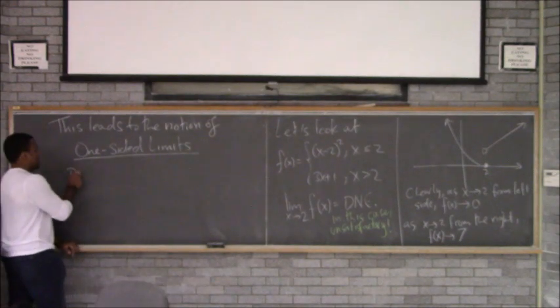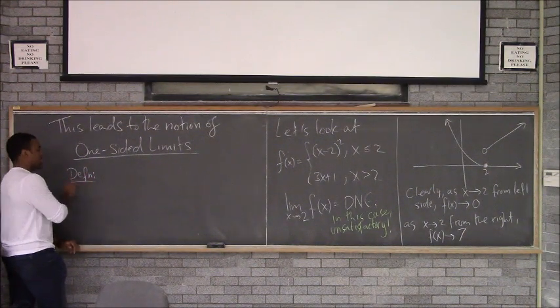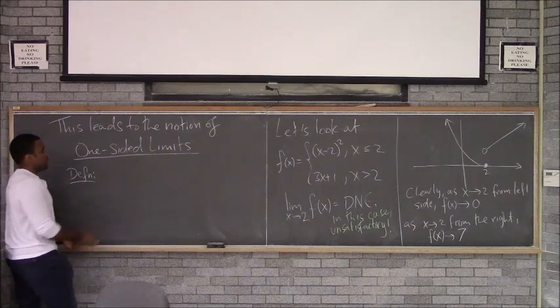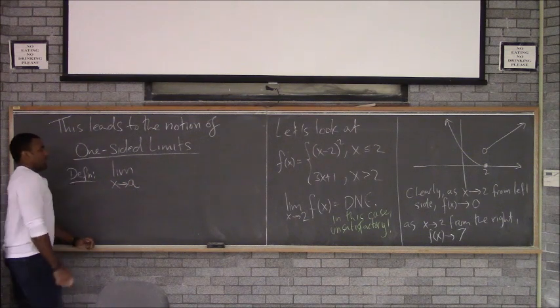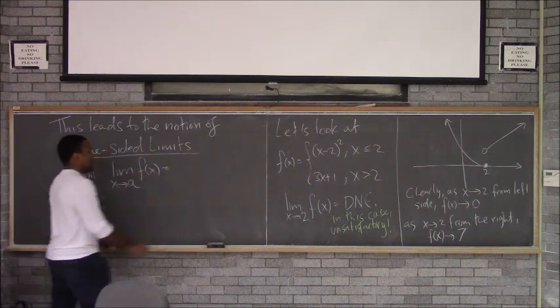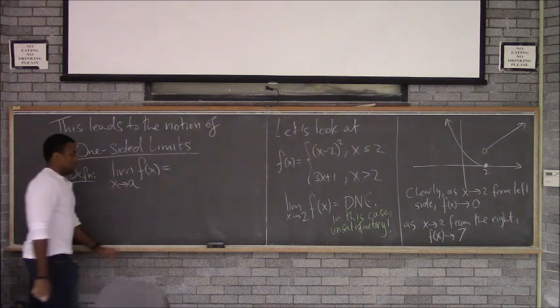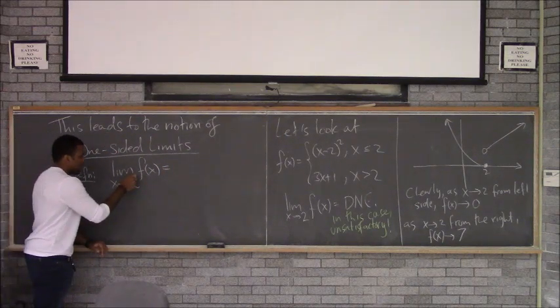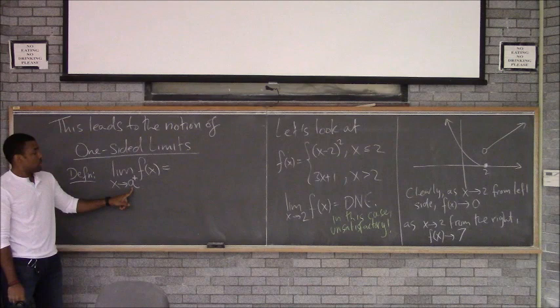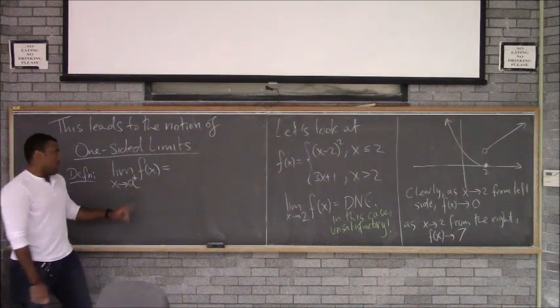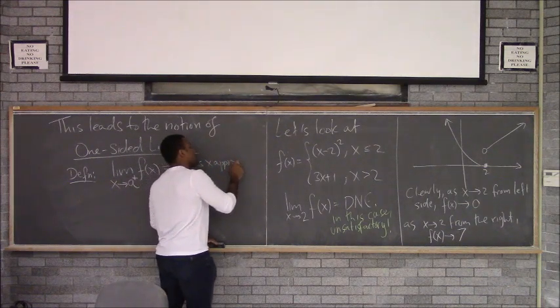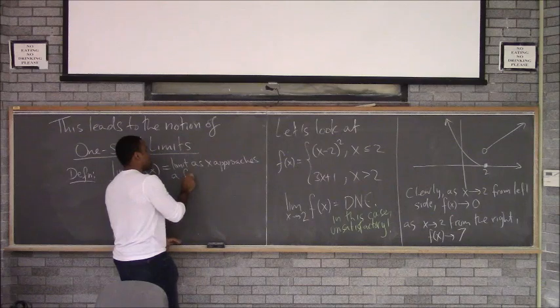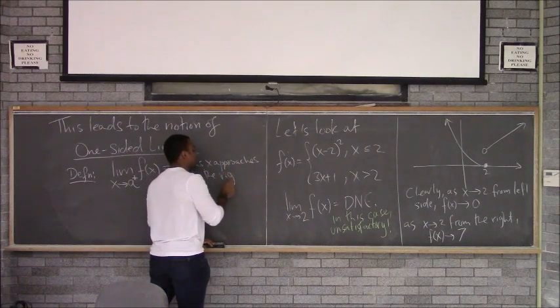I don't know if I'd call this a definition or a notation really, but here's how we write it down. If you write a plus sign in the power of the number, this we call the limit as x approaches a from the right.